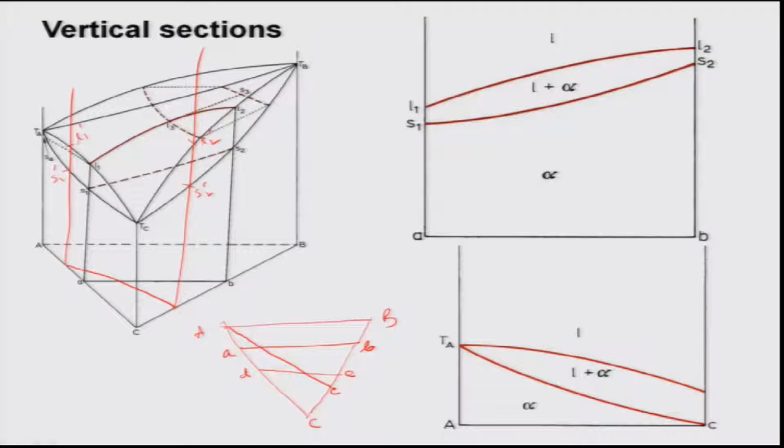If I draw it, it will look exactly the way I have drawn for AB. I am drawing it for your purpose here so that you can understand it nicely. So, let me draw it properly. This is D, this is E, temperature, and this is my L1, L1 prime, S1 prime, L2 prime, S2 prime, liquid, alpha, liquid plus alpha.